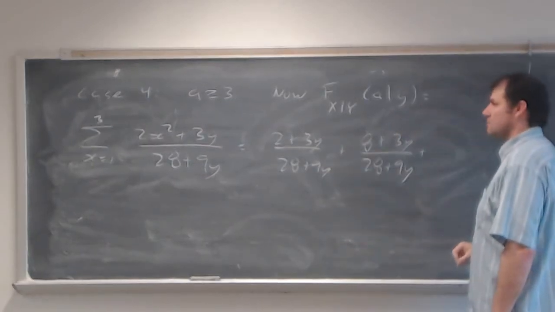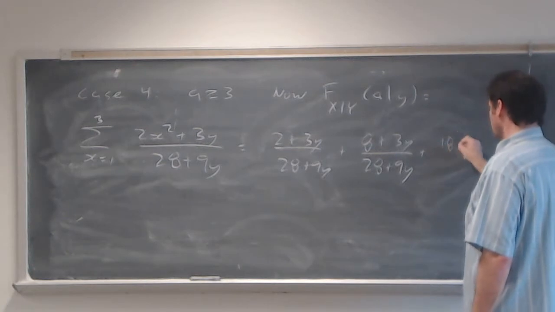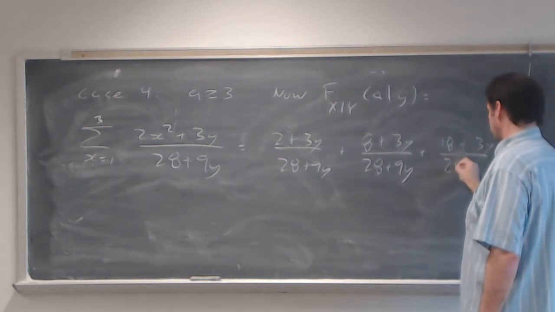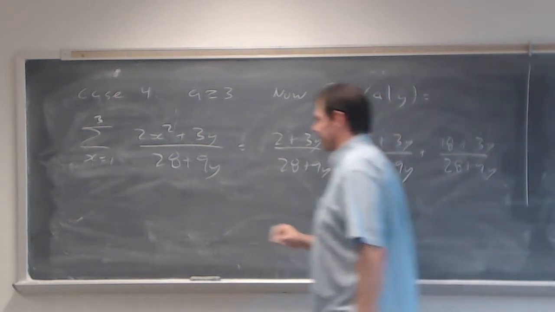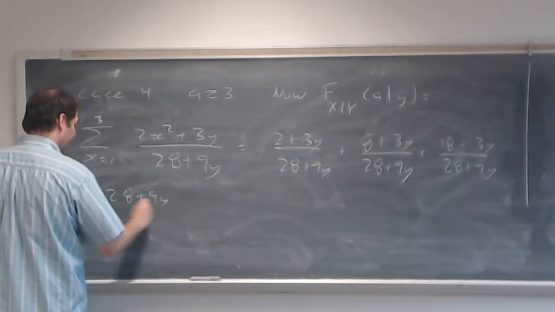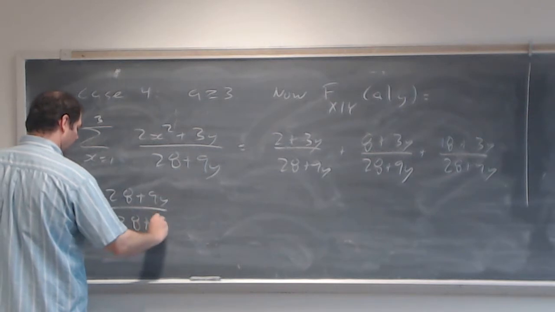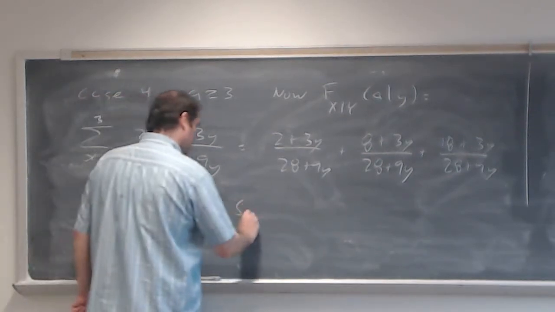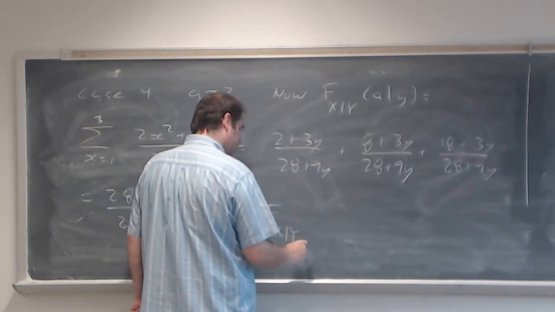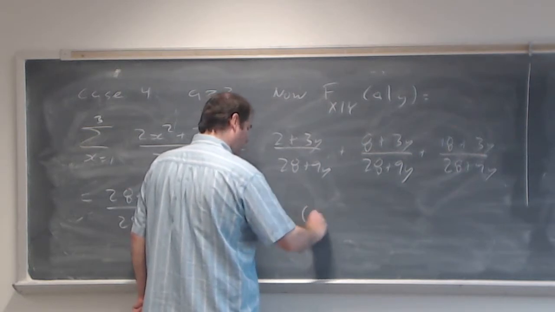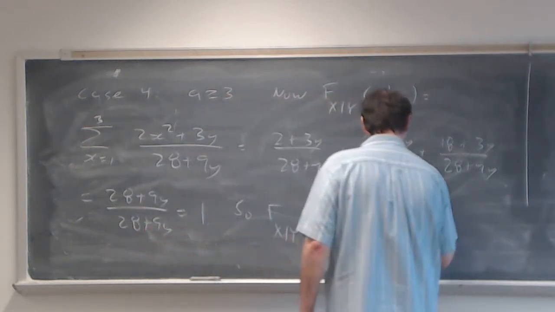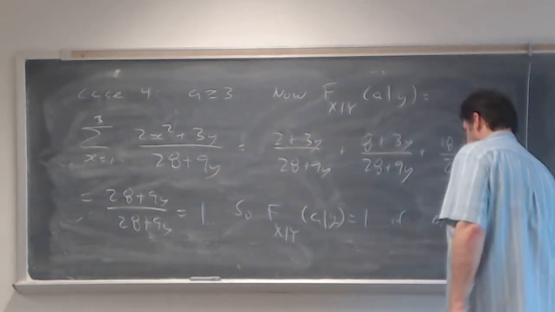And when X equals 3, we get (18 plus 3y) over (28 plus 9y). And indeed, when you add those up, you get (28 plus 9y) over (28 plus 9y), which equals 1. So here, the conditional cumulative distribution function of X given Y of A given y is equal to 1 if A is bigger than or equal to 3 in this case.